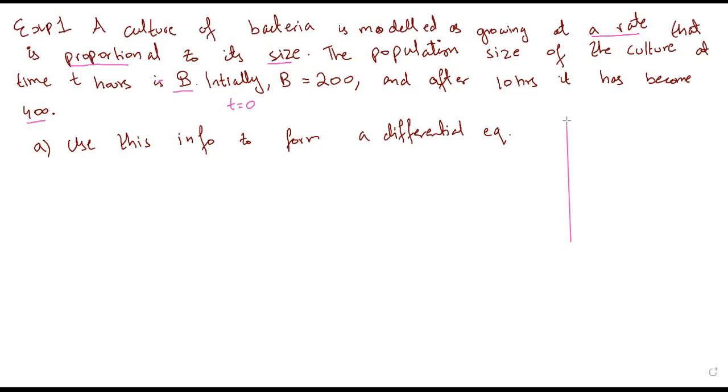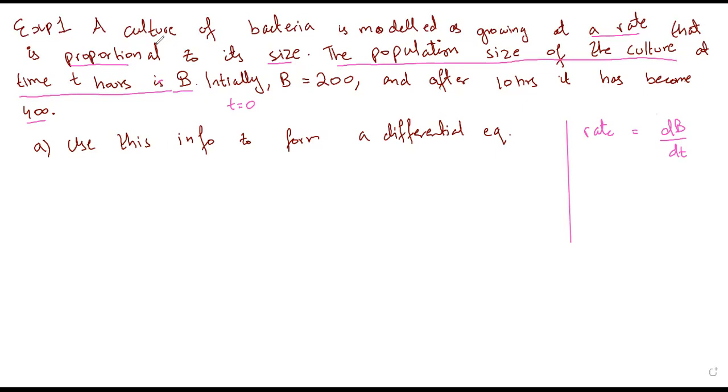Use this information to form a differential equation, right? So clearly the question is telling you that you need to use the given information to form a differential equation. Now it is not new. You will use all the old concepts here in order to solve this question. The only thing which I will write here is that this rate is basically what? dB by dt. Why B? Because the population size of the culture at time t hours is B, right? So B is the symbol which we will be using, and this is rate. And what is the statement?